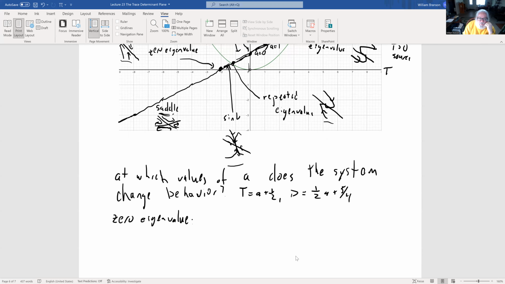And that's at D equals 0. And so what does A have to be so that D equals 0? A is minus 5/2. So if you plug minus 5/2 in for A here, you get minus 5/4 plus 5/4. So from t equals minus infinity to t equals minus 5/4, we have saddles, and then we get a 0 eigenvalue. When do we get a repeated eigenvalue?